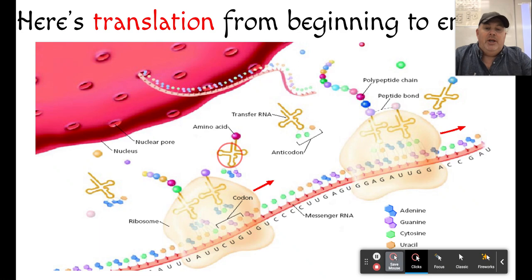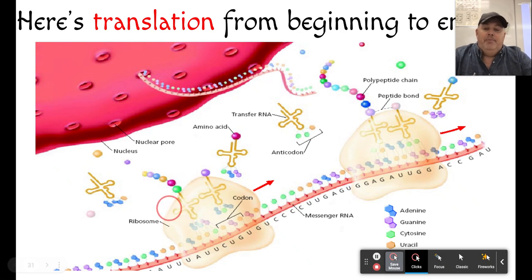And then you can also see in action here my amino acids that are attached to transfer RNA. So this is where my transfer RNAs are going to come down. They're going to try to find a complementary base pair on my messenger RNA. And then if they do, they'll begin to link those amino acids together here. And this is where you can see the assembly begin to occur based on that.